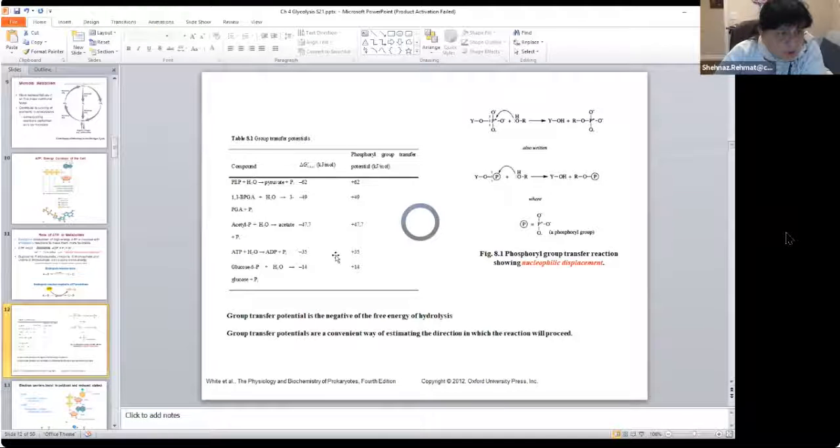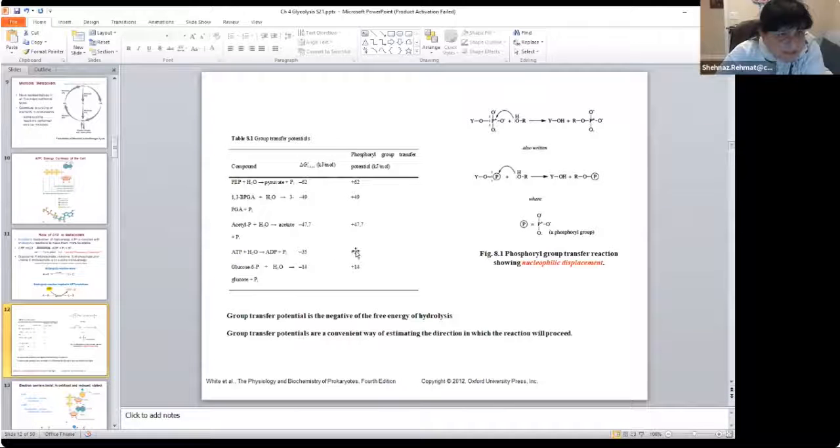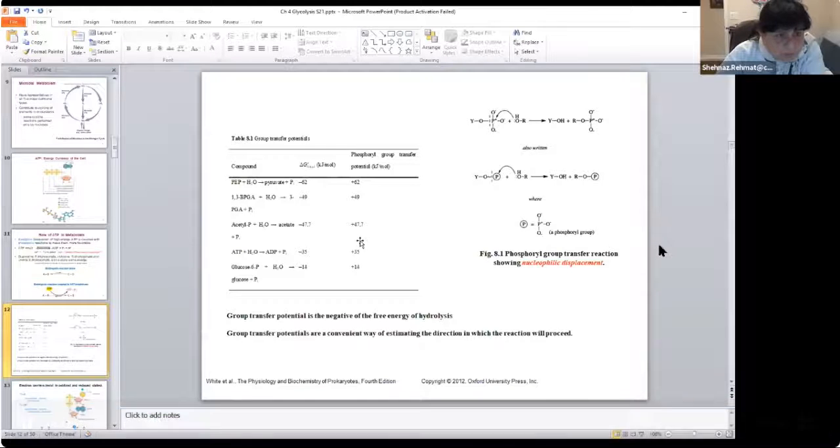Now you know ATP is in your head, ATP is the one that will give you the maximum amount, it has the highest phosphoryl group transfer potential, as plus 35.